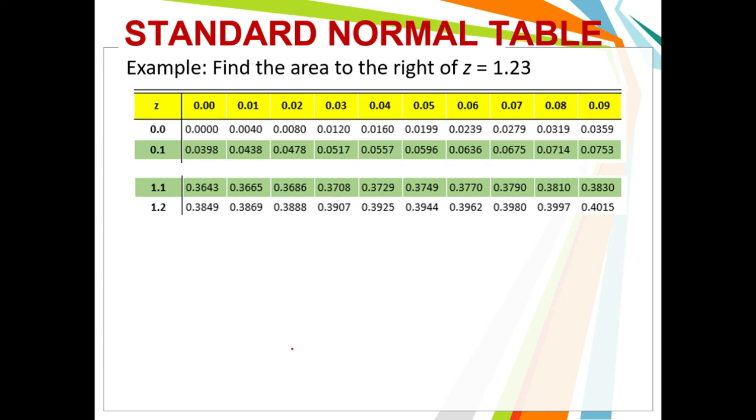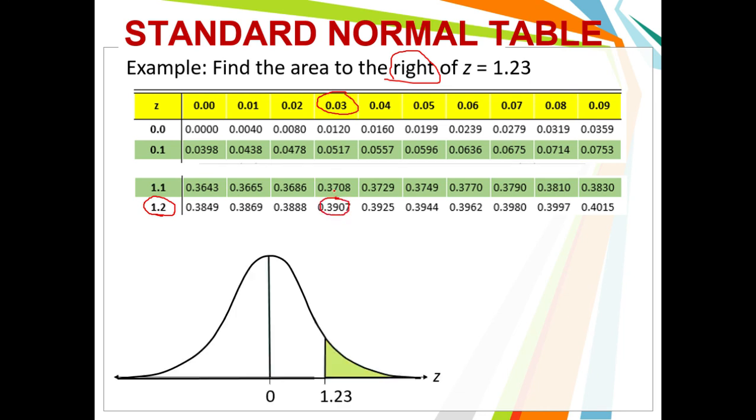Okay, ito naman, find the area to the right. Kanina to the left, this time to the right. So still the same value na 1.23. So ang intersection ng ating 1.2 and 0.03 is 0.3907. So if we draw that sa ating curve, nasa right. So ang tanong, what is that area?